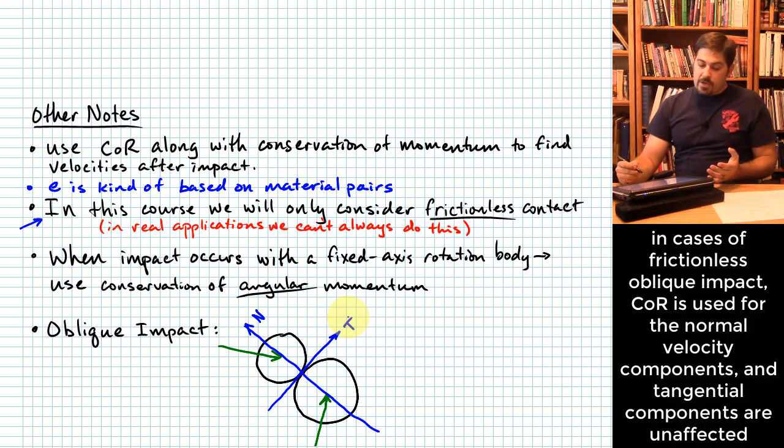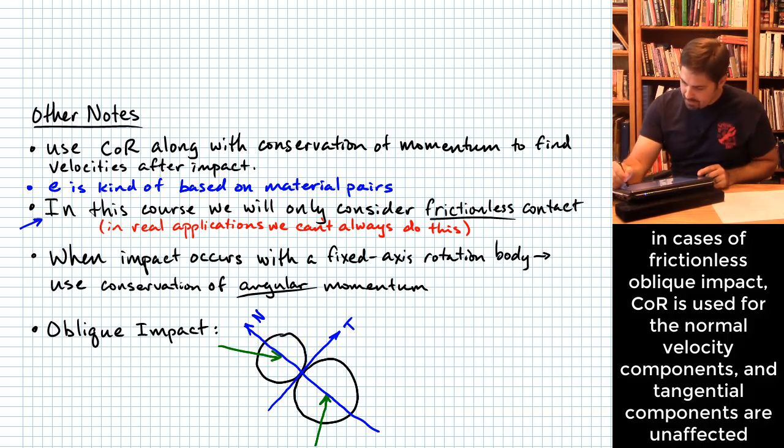The way you handle this, particularly in cases where we have frictionless contact, is we split these velocities into components, such that we'll have a component going this way and a component going this way for that velocity there. Here we would have a component going this way and another component going this way.